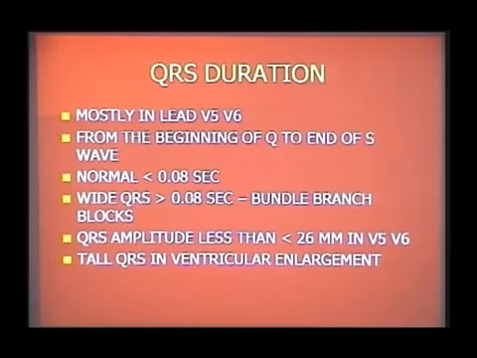They are depolarizing the entire myocardium within 0.08 seconds. So whenever my QRS duration is wide, say 0.16 seconds, what does it mean? My QRS is wide, big. That means my entire heart is not depolarized by the specialized conduction system, isn't it? That means one portion of my heart muscle is getting a slow conduction.